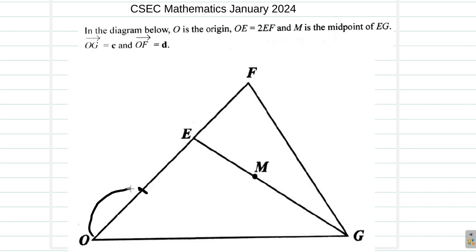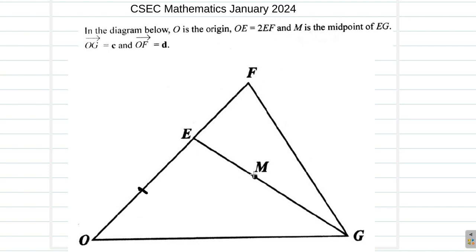You have 1, 2, 3. So your OE would be 2/3 of OF. That would make the distance OE twice EF.